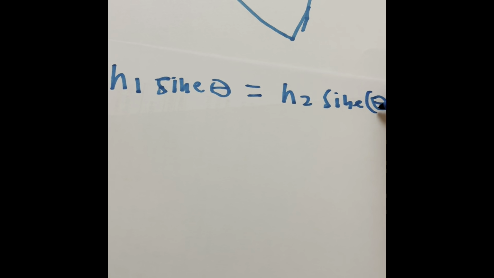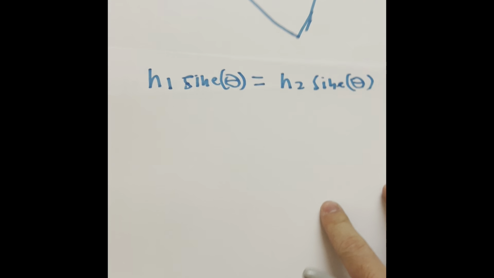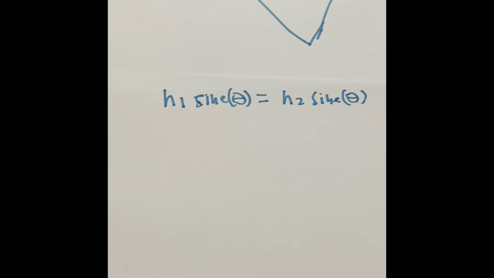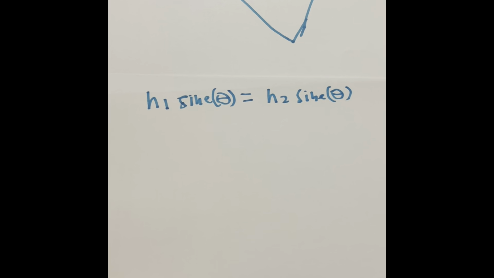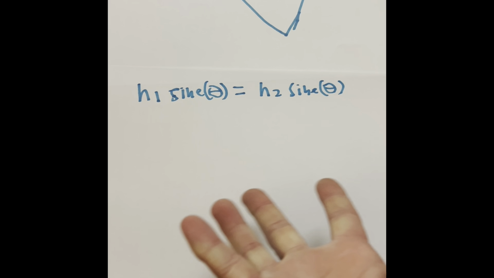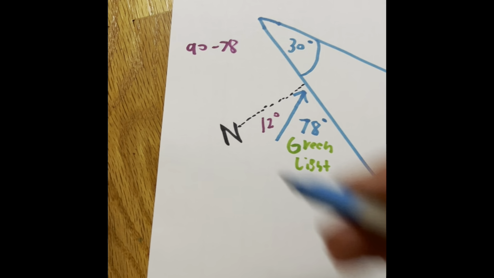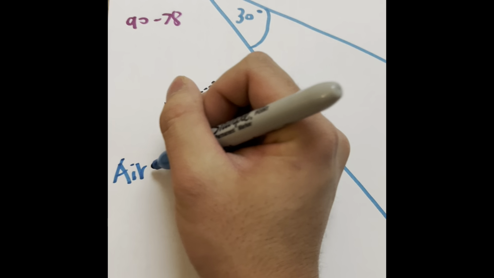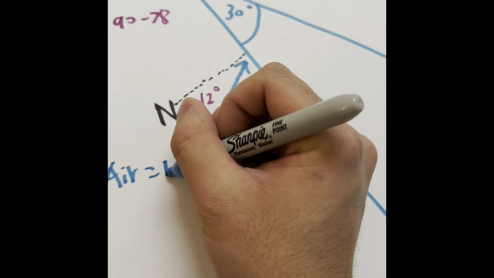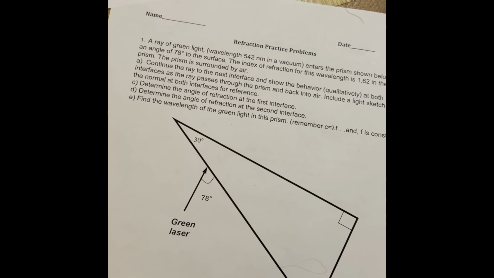It's a way to help us understand what the light does after it changes medium, and what angle to the normal line, the perpendicular line between the two different mediums, it is going to go off at. So let's see what happens. In our problem, we said that air has an index n equal to 1. The prism is going to be equal to 1.62, referred to in the problem right over here.